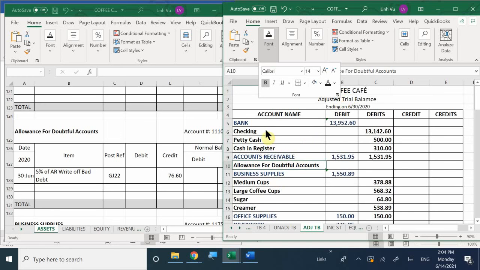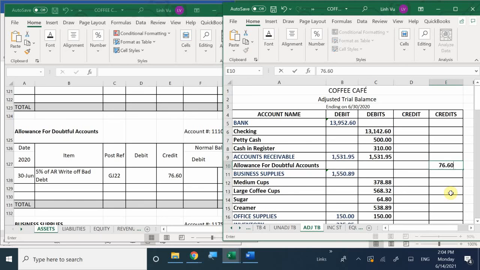Okay. So here we know that it has a credit balance of 76.60. In this case, the main account, which is my allowance for doubtful accounts, is going to be my main account subtract out my contra account, because the contra account reduces the main account.